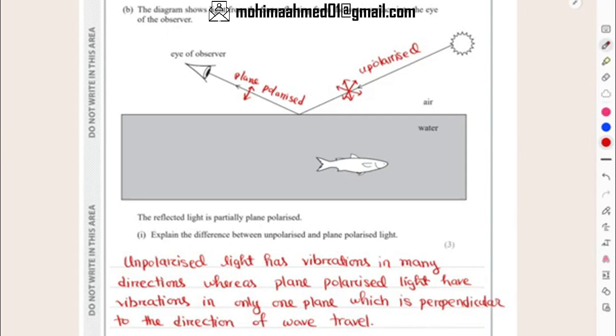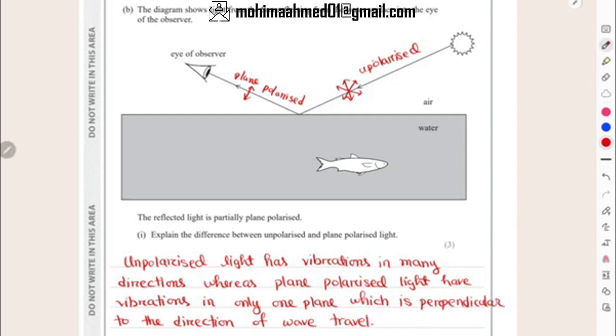So what would happen? The filter with horizontal lines will not allow light vibrating in the vertical plane to pass through it. So that means none of this plane polarized light will be entering the observer's eye if the filter is entirely blocking that plane polarized light from the sea surface.